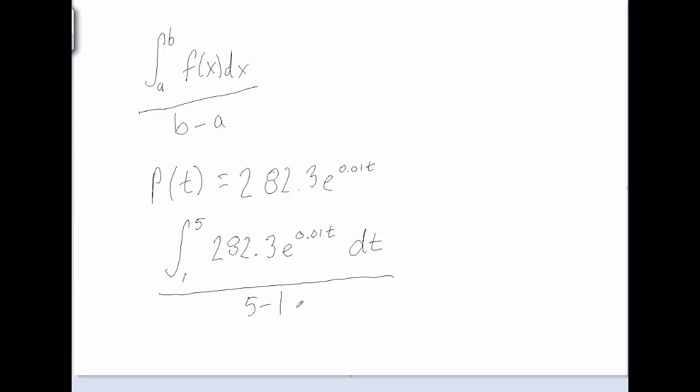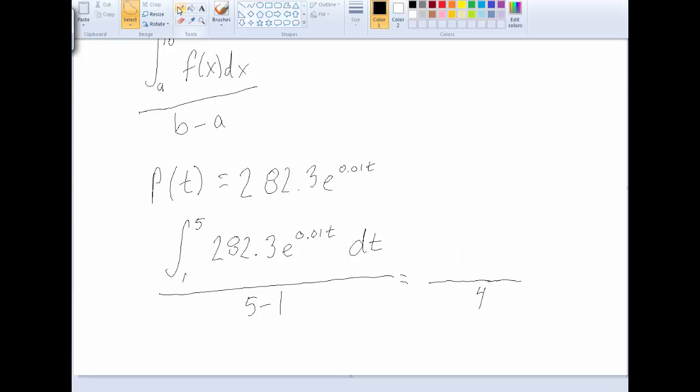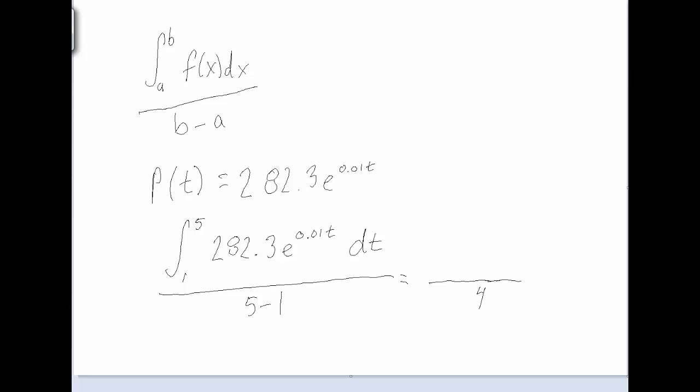And we simply divide by the time frame of the 4 years. So on top we take the antiderivative, and we get 282.30 e to the 0.01t evaluated between 1 and 5.